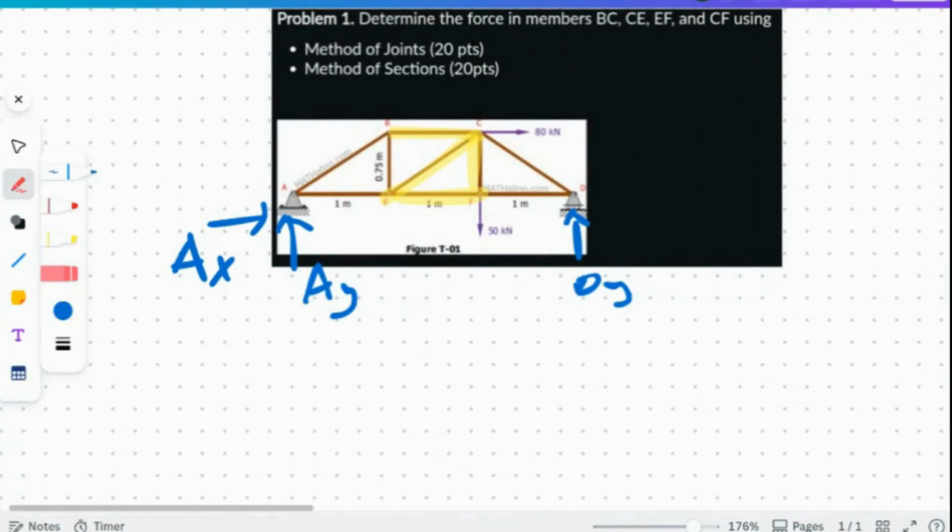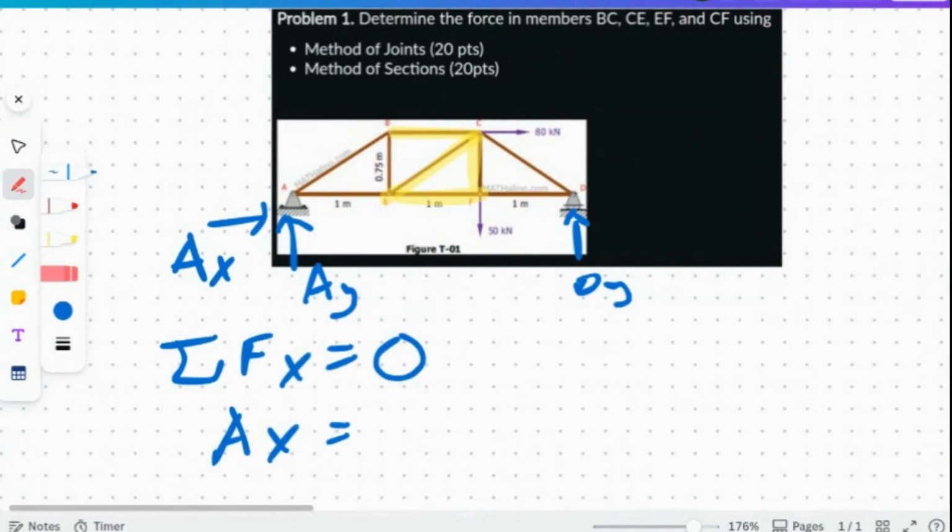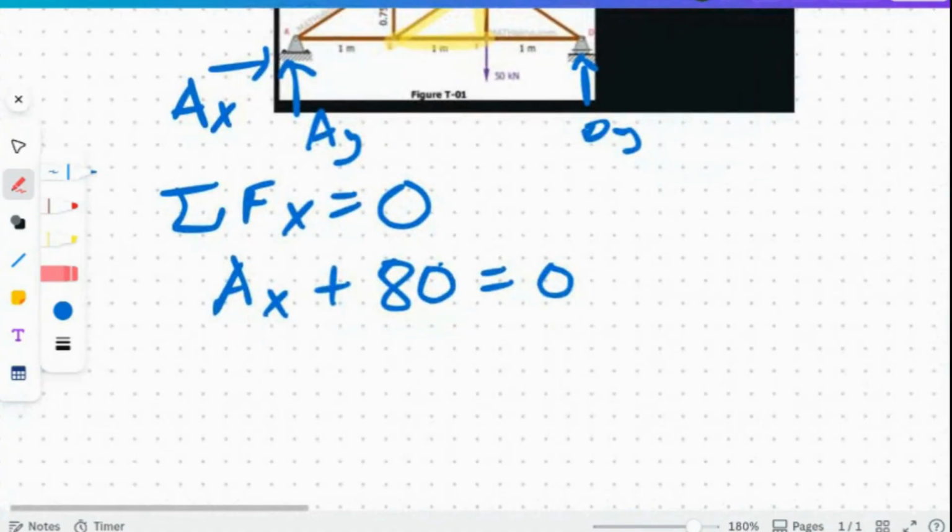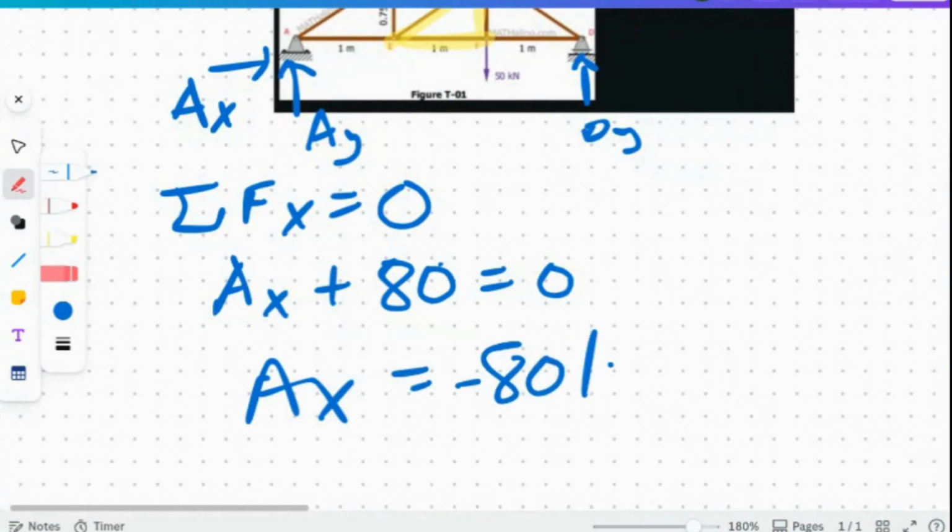All right. Now, if we sum up forces horizontally, we see that all the forces going to the right are AX, and also going to the right is 80 kilonewtons, equal to 0. Now, when you solve for AX, it becomes negative 80 kilonewtons. So what does this negative sign mean again?